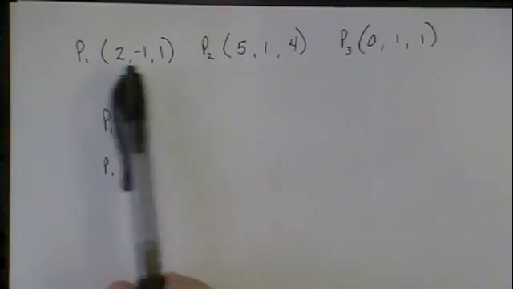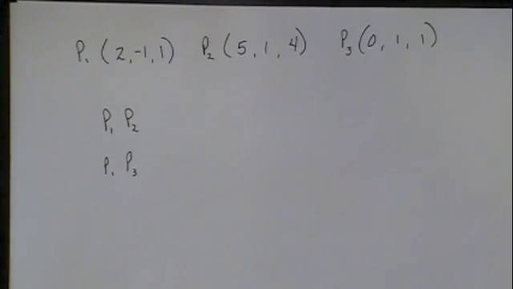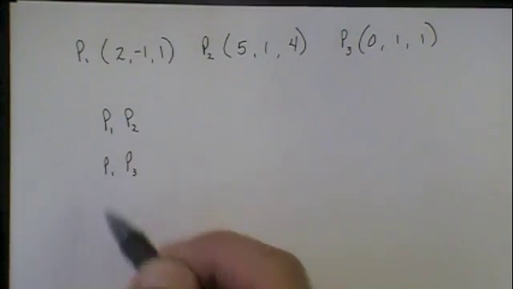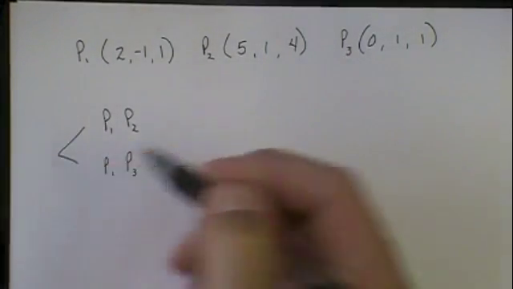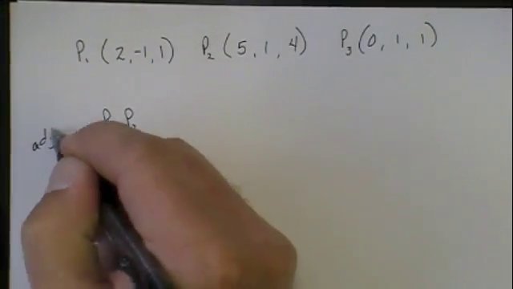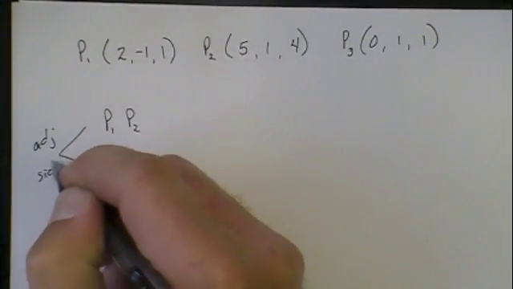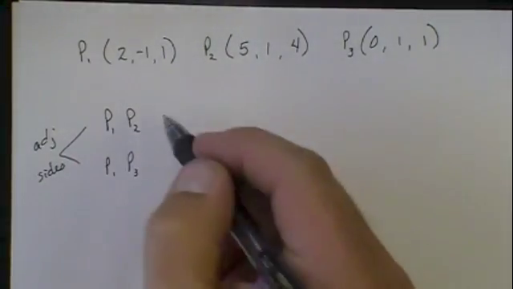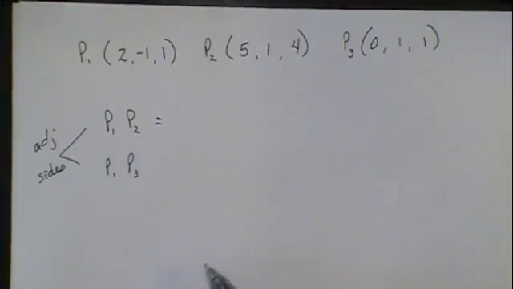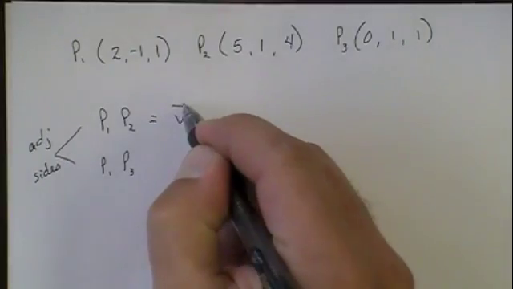Here we're given points 1, 2, and 3, and we're going to determine a parallelogram with those. And so we're going to have point 1 be our common point here. So these would be 2 adjacent sides of a parallelogram. Let's have point 1 to point 2 give us vector v.